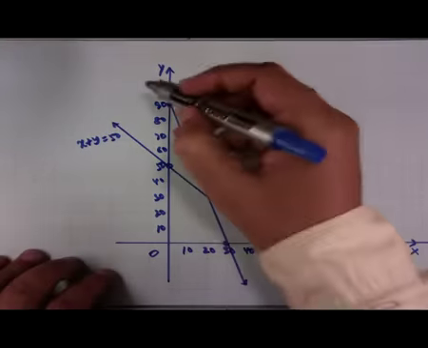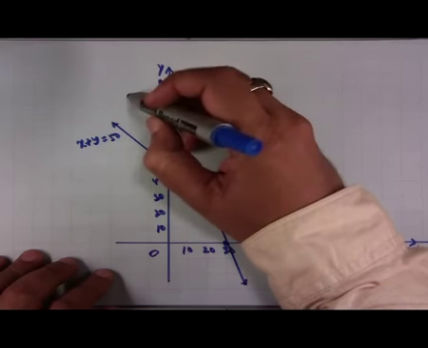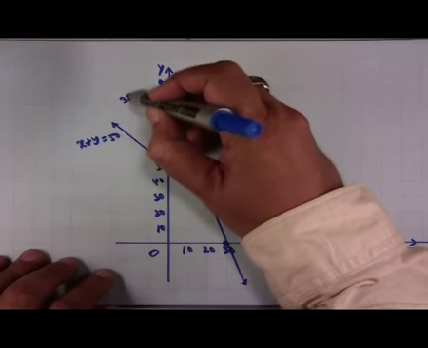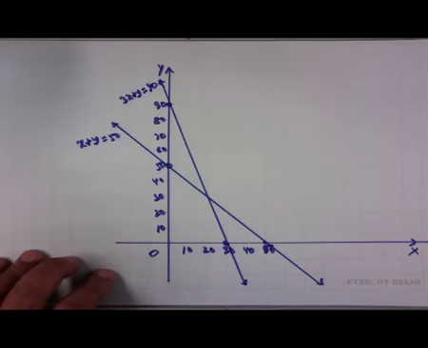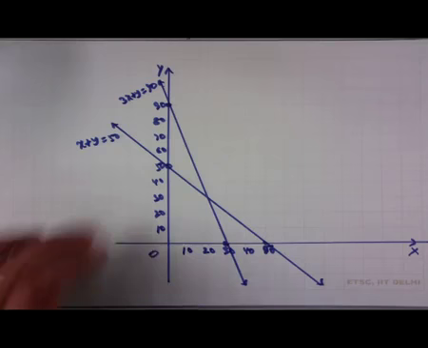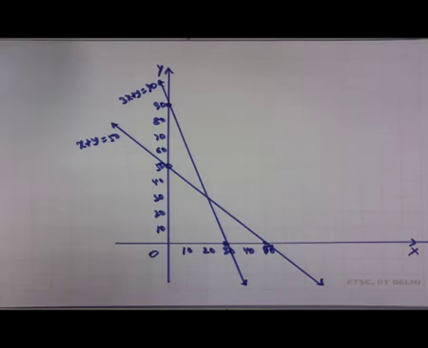So this is the equation of line 3x plus y equal to 90. So this line represents the equation 3x plus y equal to 90.